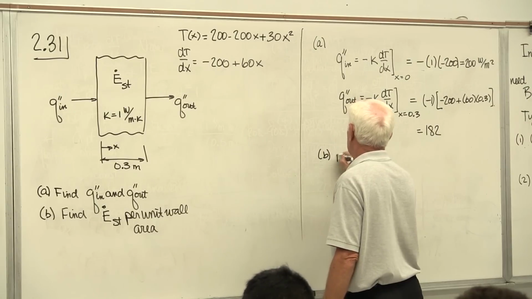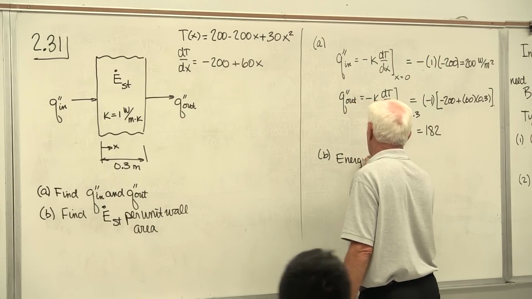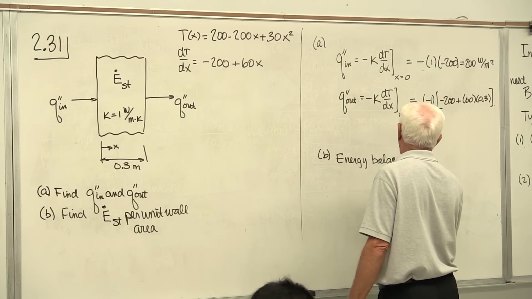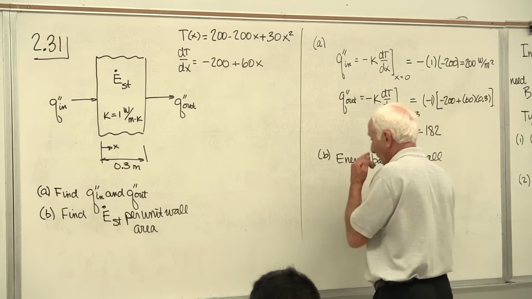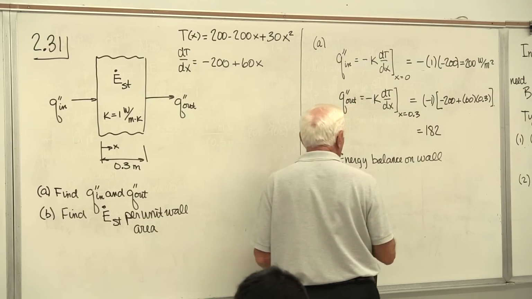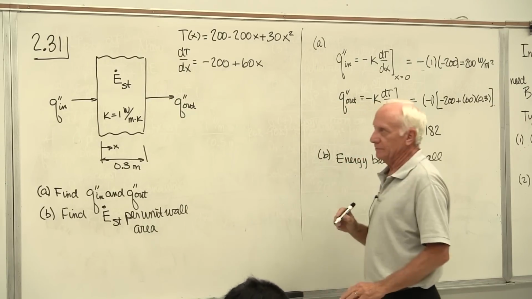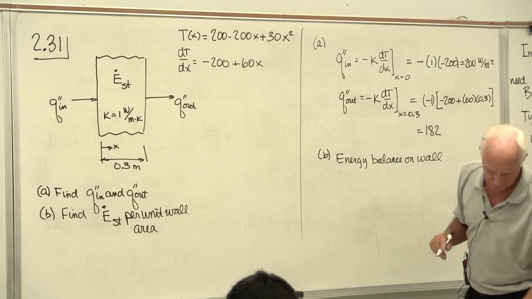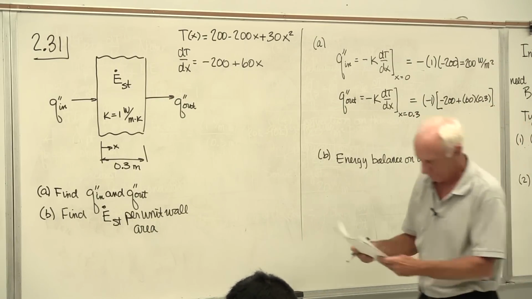Part B, energy balance on the wall. What comes in the left-hand side minus what goes out the right-hand side is the storage.